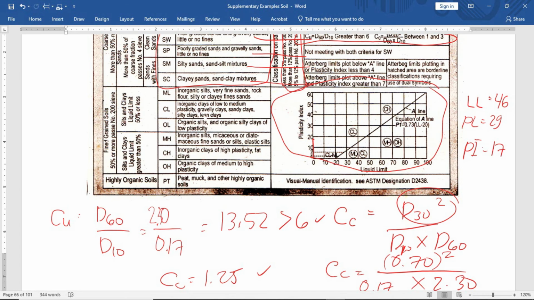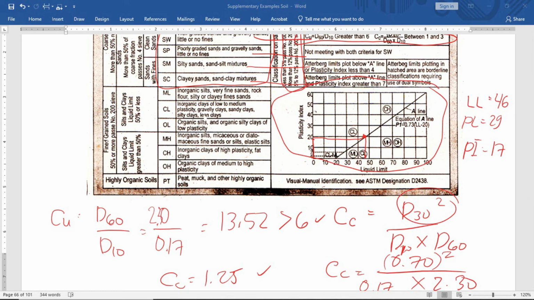So, dito yan, oh. Dito. Yan. Taas lang natin. Yan. Tapos, dito. So, dito nag-intersect yung dalawang, yung PI tsaka LL.